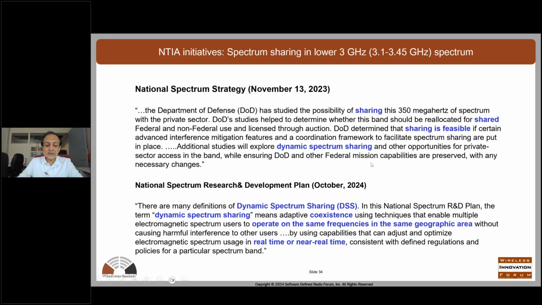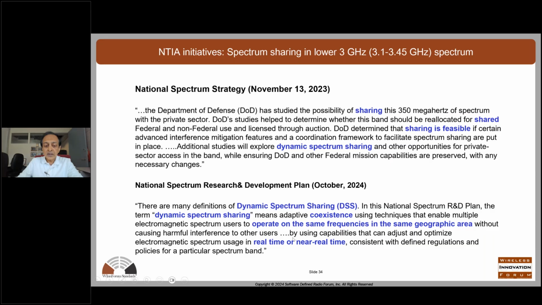Now, going to the next step, the National Spectrum Research and Development Plan that was published in October 2024. Here they have very clearly identified what dynamic spectrum sharing means in this context, right? So in this case, this is a very intuitive explanation of what DSS means.